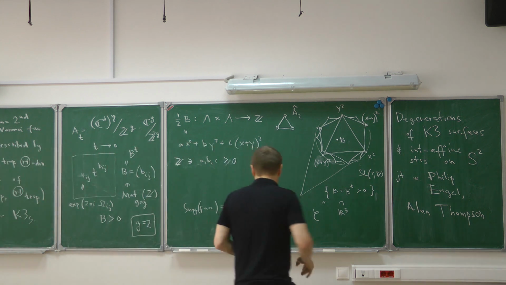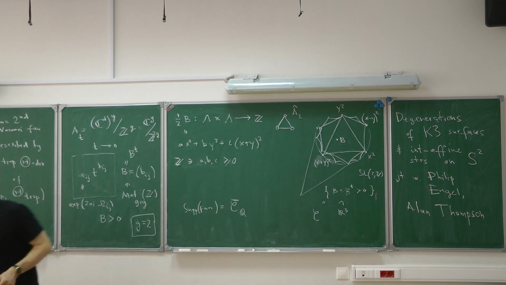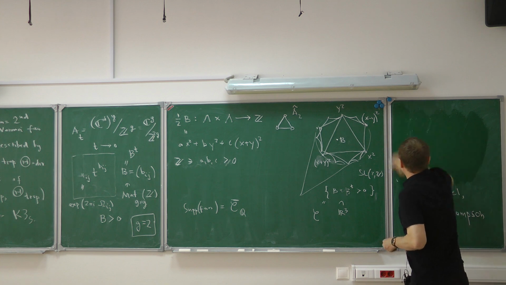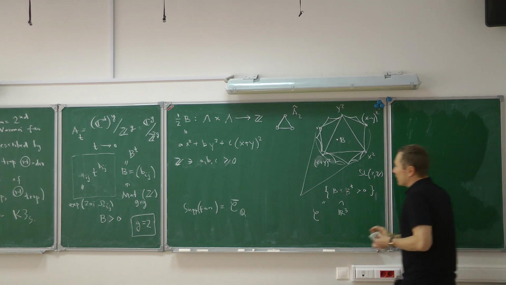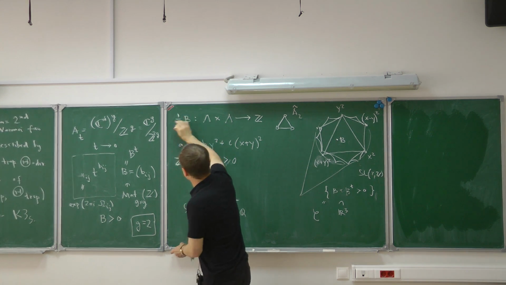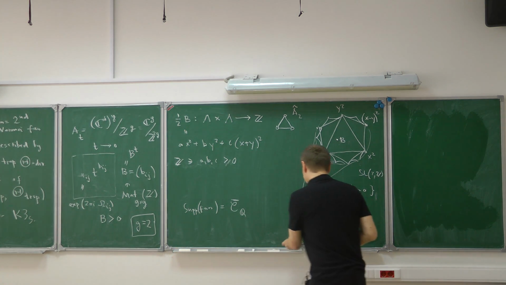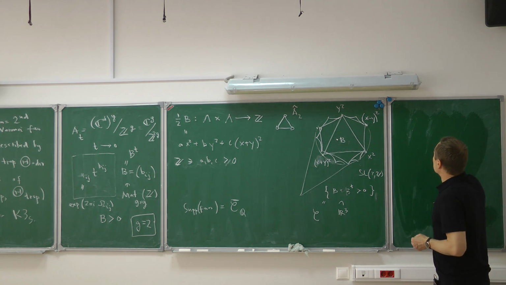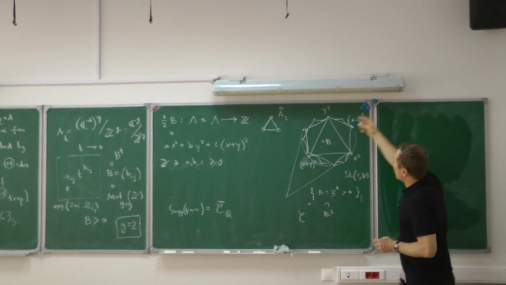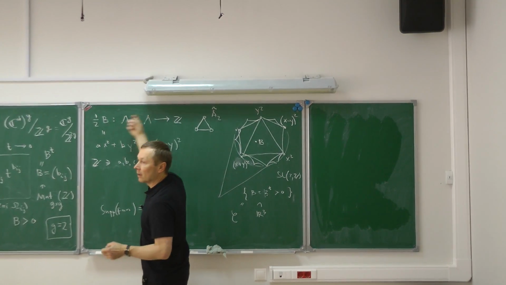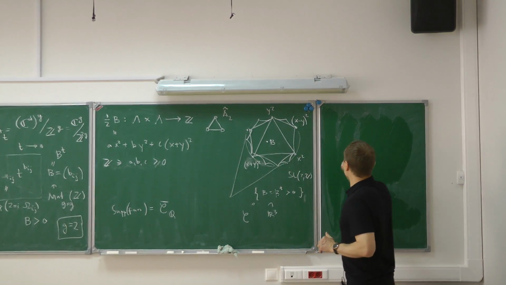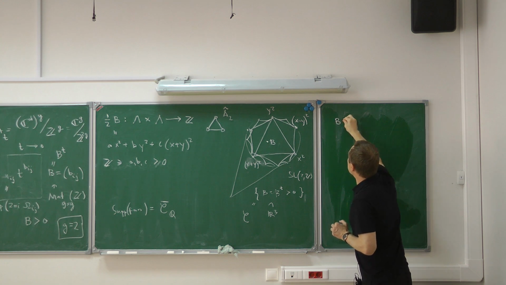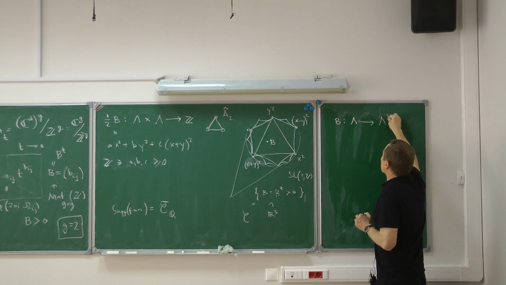Here's how it works. There is also a shift, a linear part here, to make it integral valued. Let me skip those details. So we have lambda, and on lambda we have this bilinear form, and I consider B as a map from lambda to lambda star.